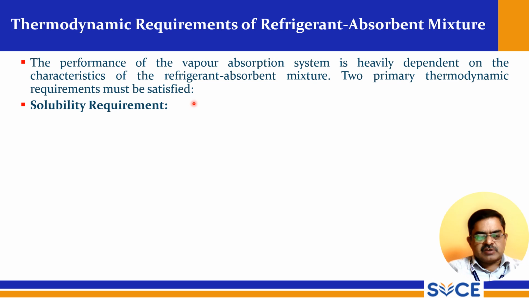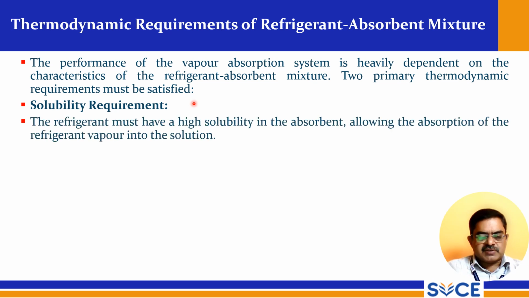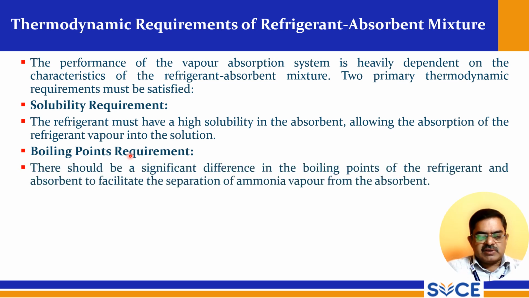They are solubility requirement: the refrigerant must have a high solubility in the absorbent, allowing the absorption of the refrigerant vapor into the solution. Next, boiling points requirement: there should be a significant difference in the boiling points of the refrigerant and absorbent to facilitate the separation of ammonia vapor from the absorbent.